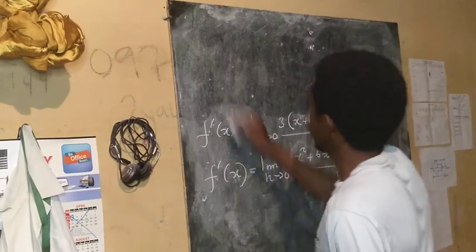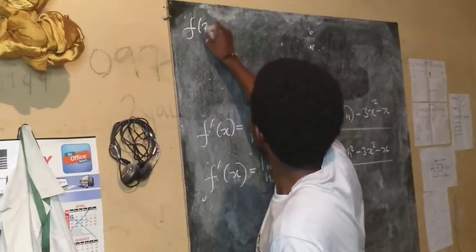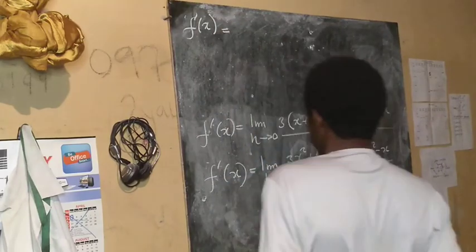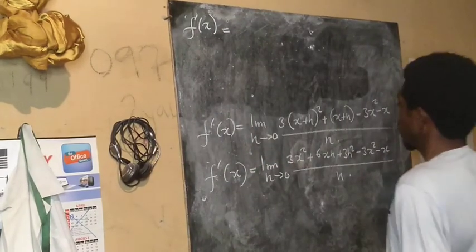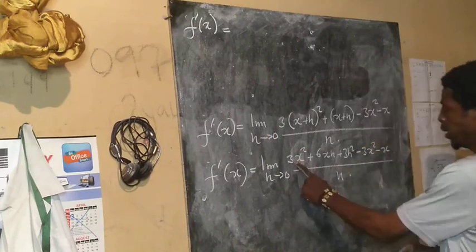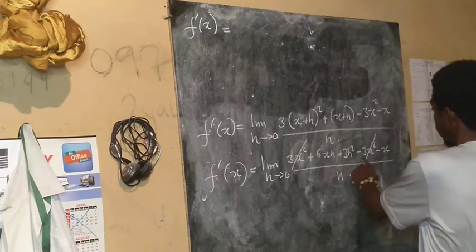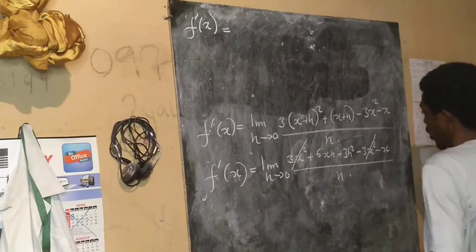We'll say f of x prime, meaning we are differentiating, we are using first principle now. The 3x squared and the negative 3x squared can cancel.